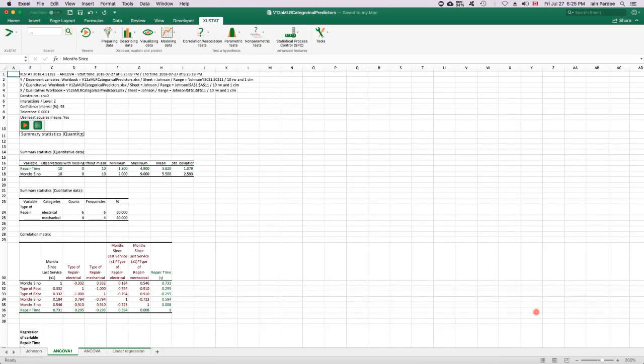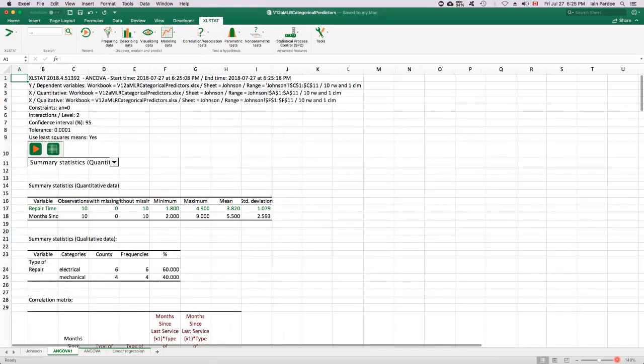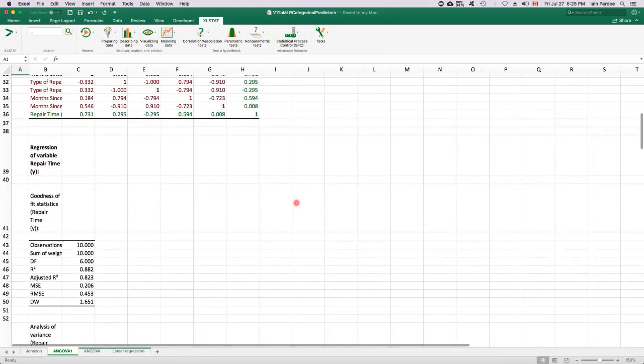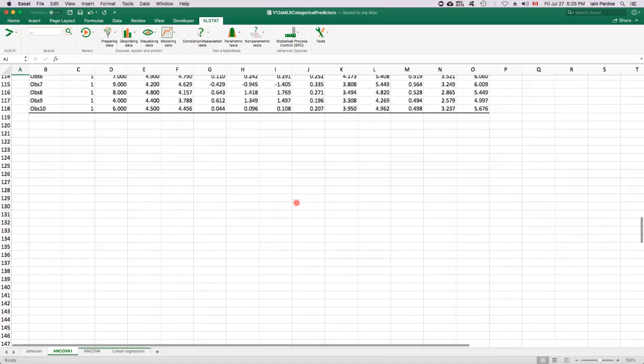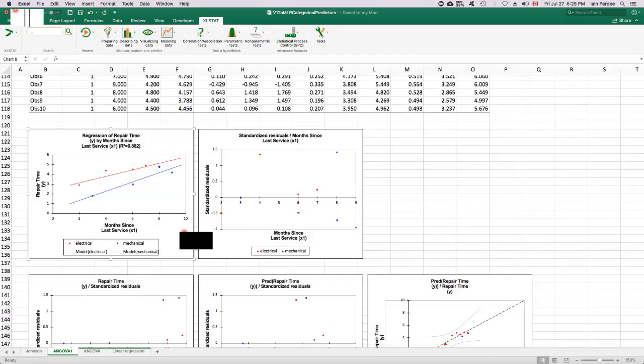For the picture with the two lines, the interaction term allows the two lines to have different slopes as well as different intercepts. So we'll see that down here. There we go. Okay, so the blue line and the red line have different slopes as well as different intercepts.